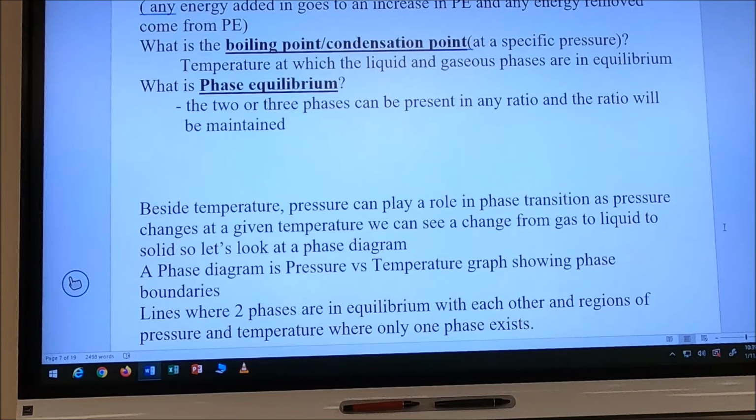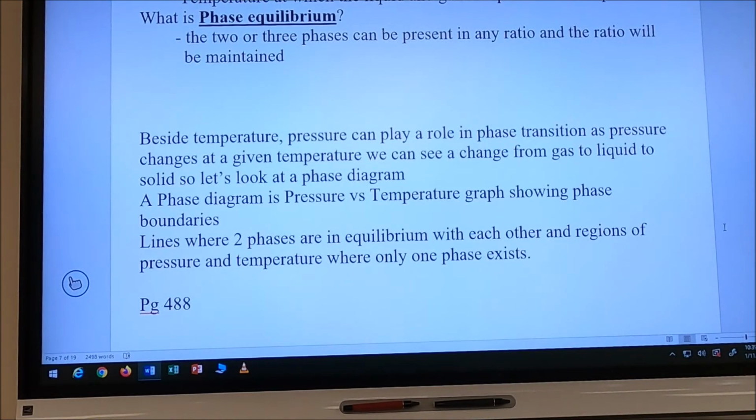Okay. Now, besides temperature, pressure can play a role in phase transitions, because at a given temperature, we can see a change from gas to liquid or to solid, or we can see the opposite, solid to liquid to gas.